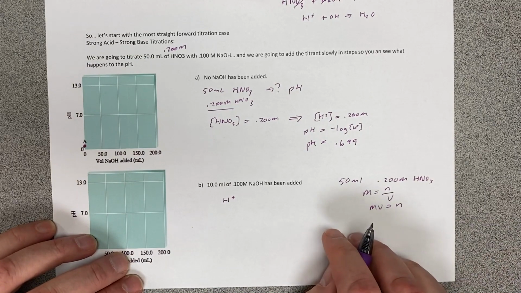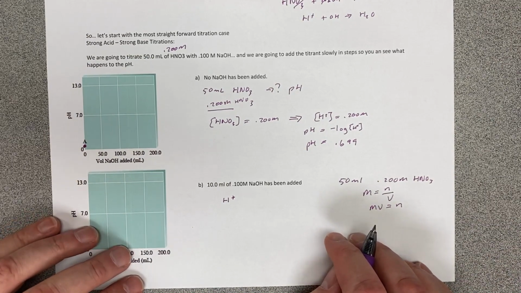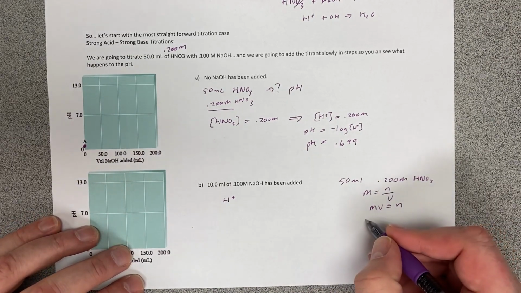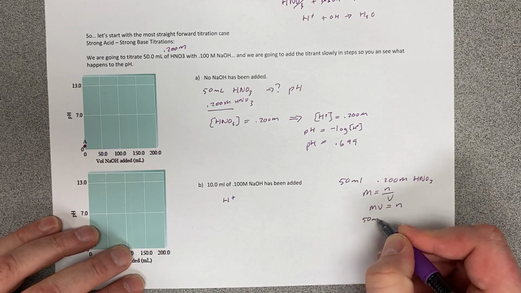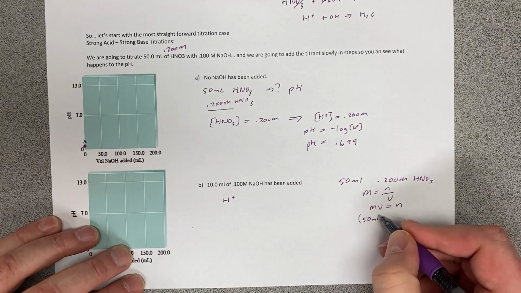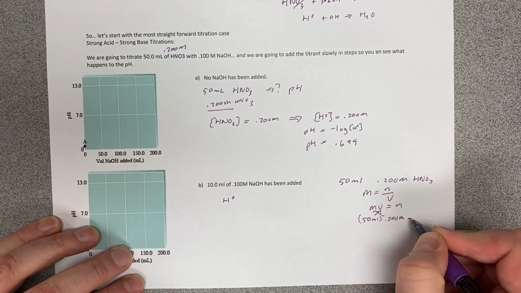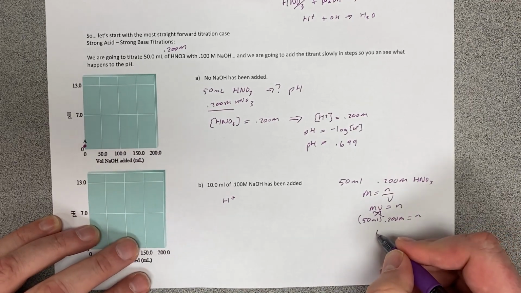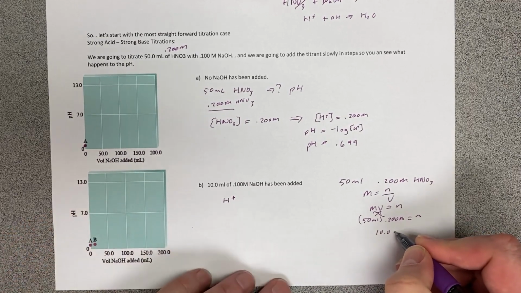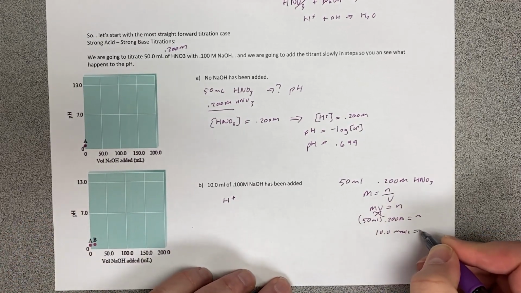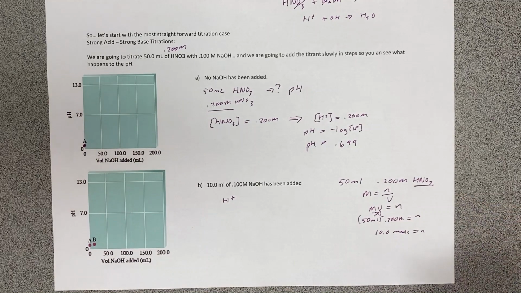So if I multiply this out, 50 milliliters by, actually that should go here, right? And this should go here, 0.200 molar. What that means is I'm going to get 10.0 millimoles as my number of moles of HNO3.